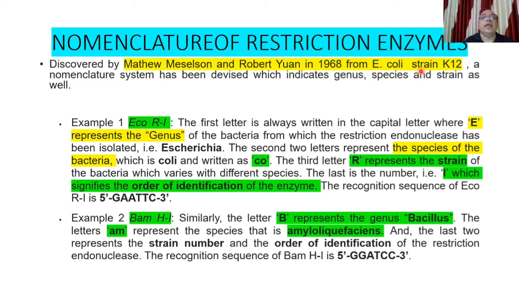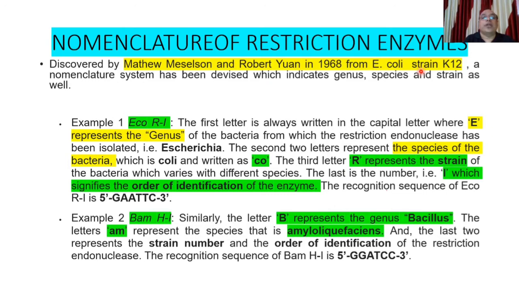So the E represents the generic name, whereas the next two letters represent the first two letters of the species. The species in Escherichia coli is coli. So CO, the first two letters, will be added to the name. So this is Eco.